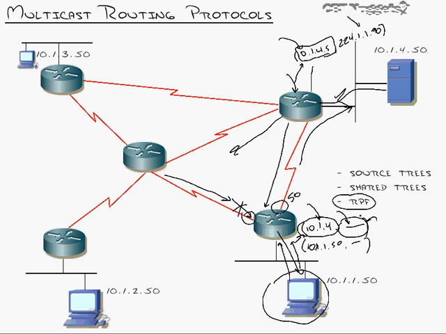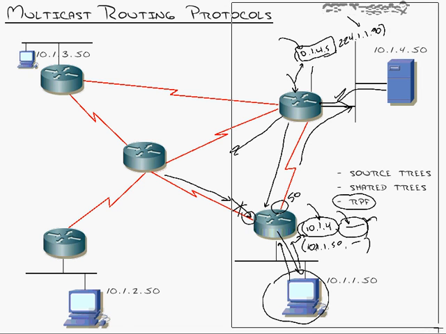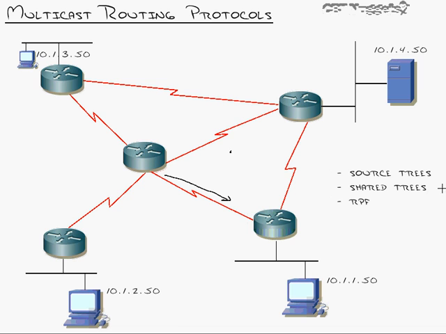That's why they call it reverse path. And then if anything comes in on a different path than that reverse path, it's assumed to be a loop and it will be dropped. Now, the last concept I want to show you as the categories of routing protocol is the shared tree concept. You can see that as the second one right here.